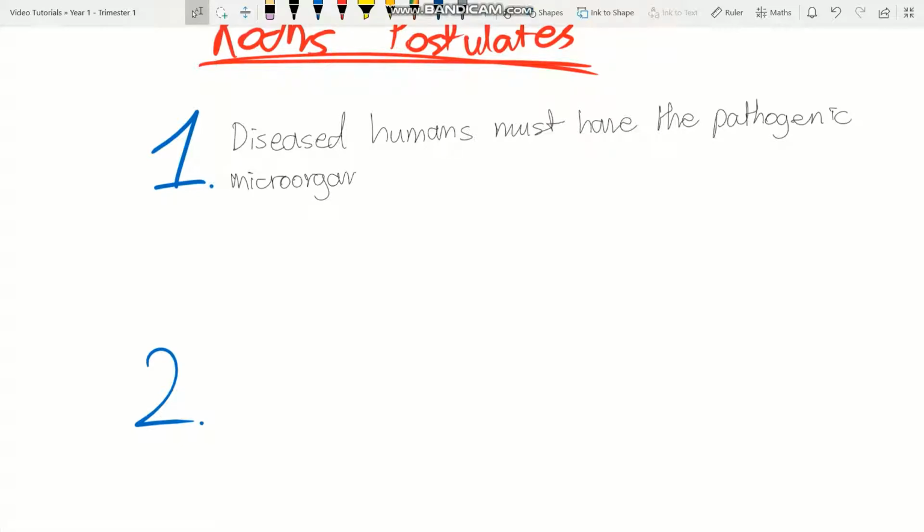And the healthy humans should not, which makes sense because if, for example, a person has a throat infection, they will have a certain type of bacteria present in their throat, whilst people who don't have a throat infection won't have it. So that makes sense.